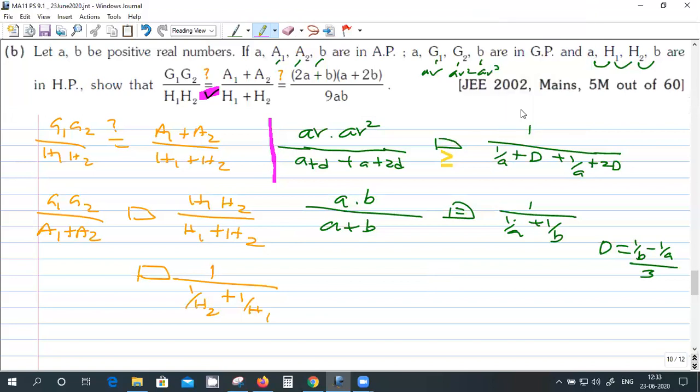Is it clear? Yeah, it's true. So now you have to show this one.